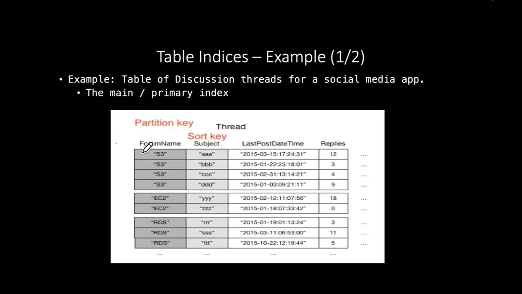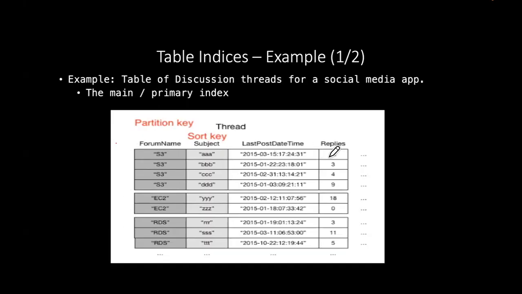The table's partition key is an AWS service name like S3 and all of the other ones. The sort key is a subject area that relates to this particular service. We're not being specific here, but it's some sort of string, I guess. So that combination of service name, which is our partition key, and subject area, which is our sort key, is our main index.